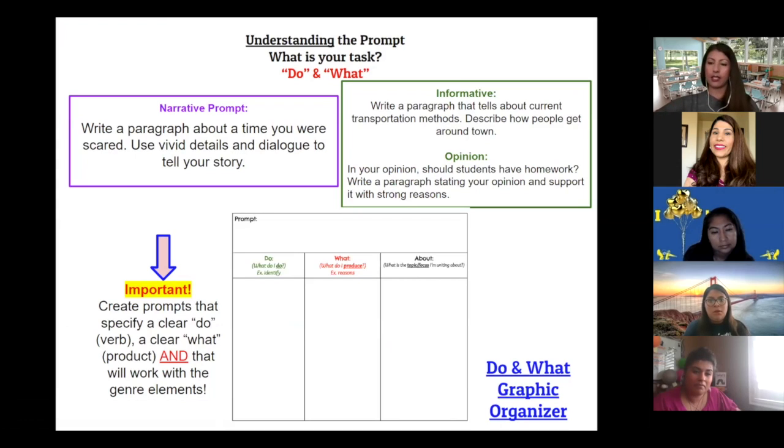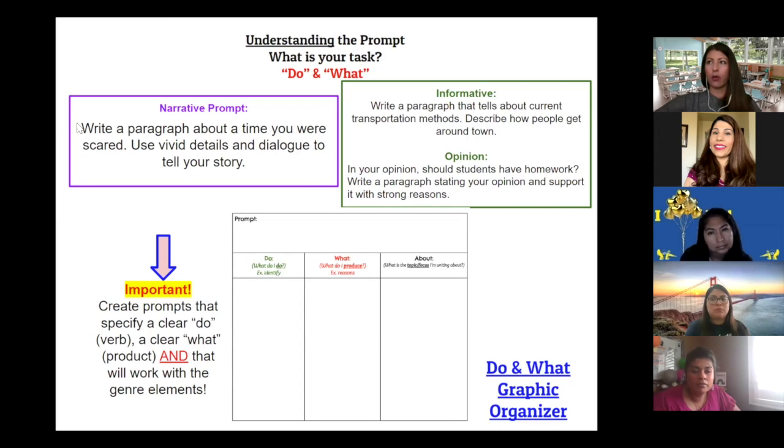And so let's say you are given a writing prompt, or your students are given a writing prompt, and they're going to look at this. So I'll take the narrative prompt right now that you see here, and it says to write a paragraph about a time you were scared. Use vivid details and dialogue to tell your story.